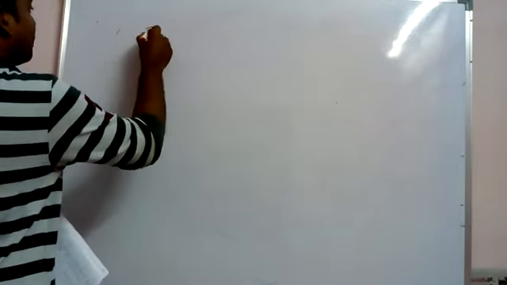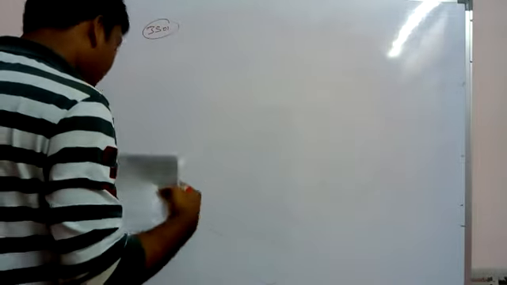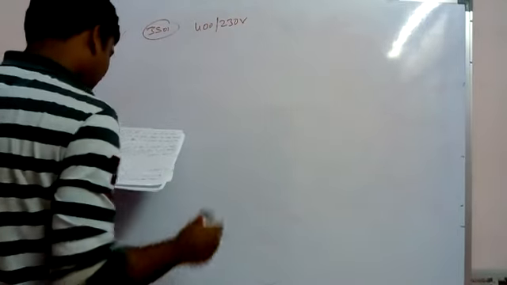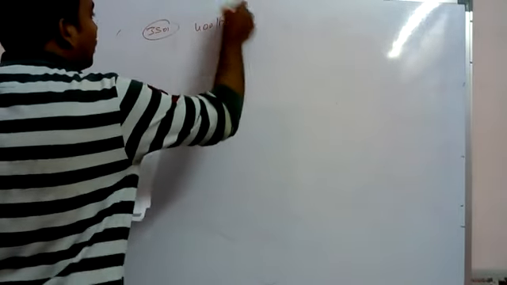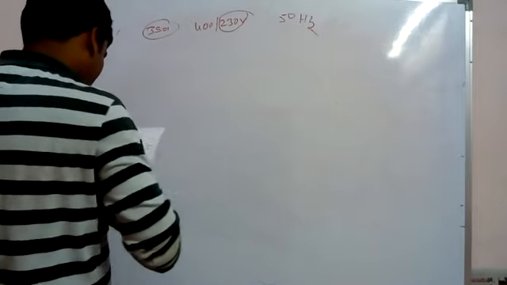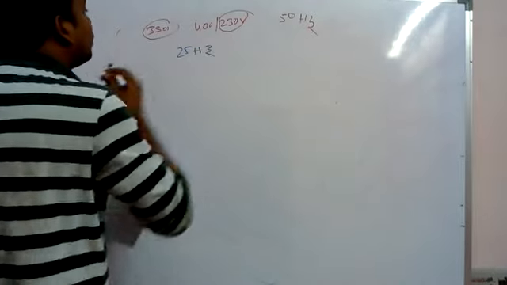Now take the third question. In the third question, he has given a transformer of 400 by 230 volts. The transformer is operating on the LV side and is designed for 50 hertz, but during operation it is connected to 25 hertz.